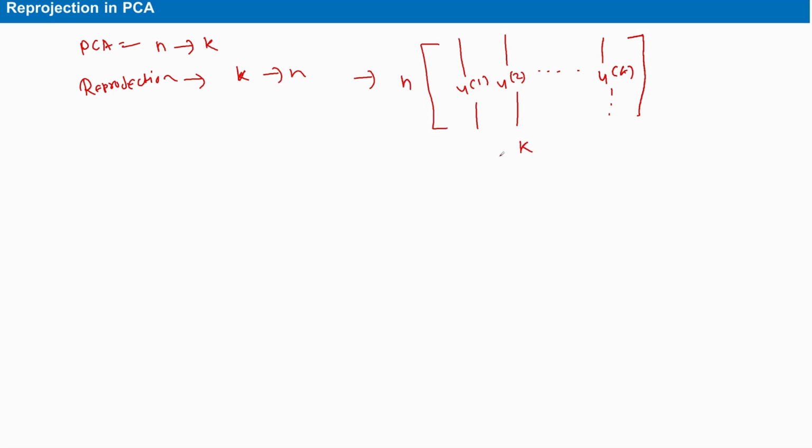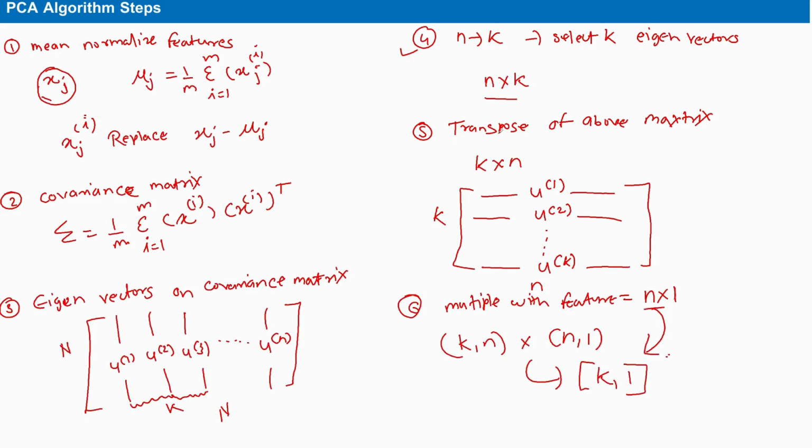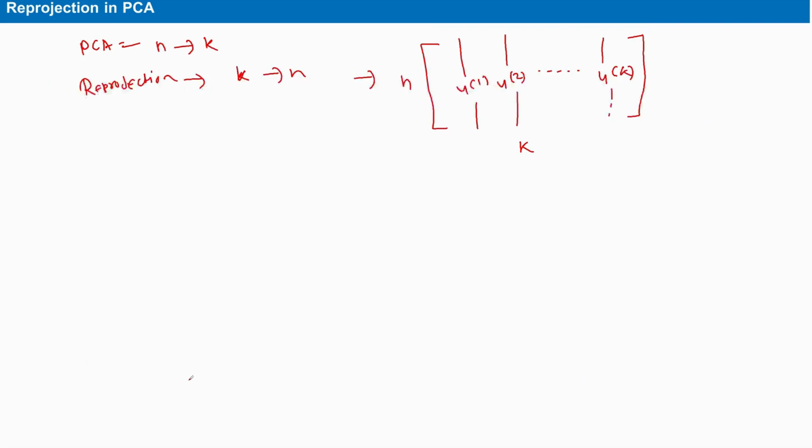We get it by applying the eigenvector computation on the covariance matrix, which gives n by n, and after selecting the first k vectors, we get this n by k matrix.